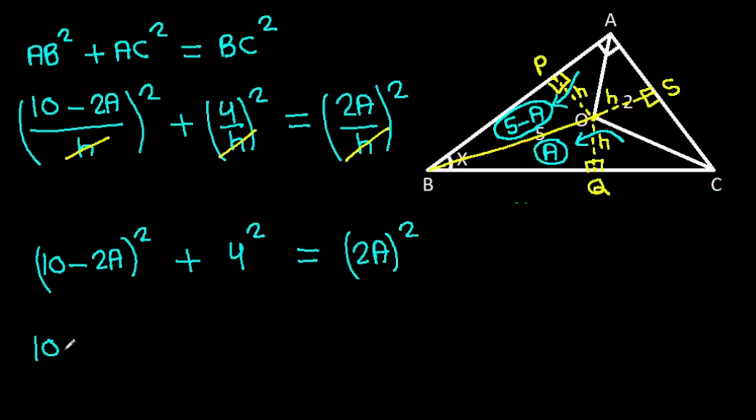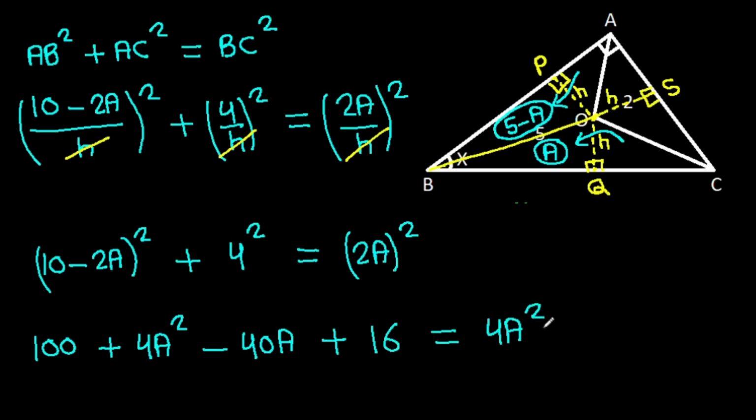It is 100 plus 4A square minus 2 times 10 times 2A, which is 40A, plus 16, is equal to 4A square, and 4A square will get cancelled.